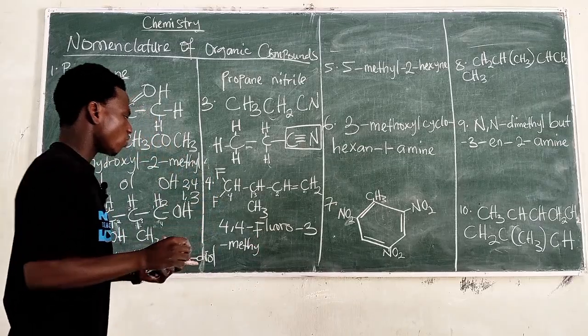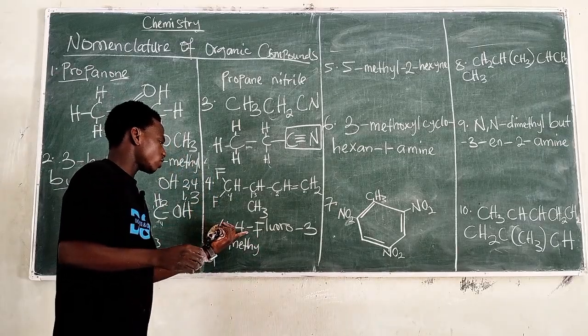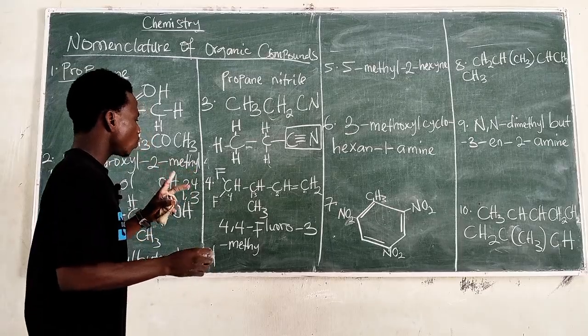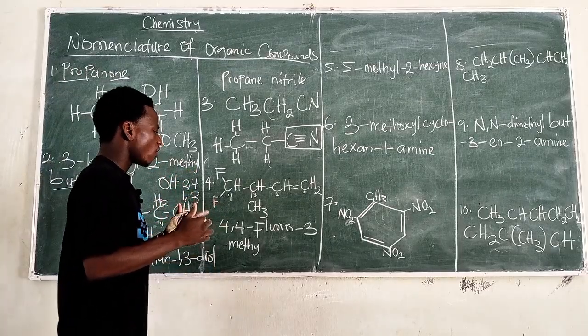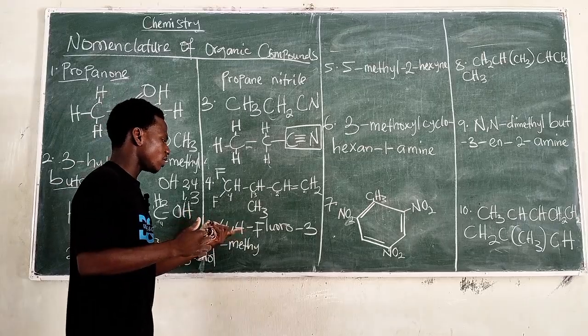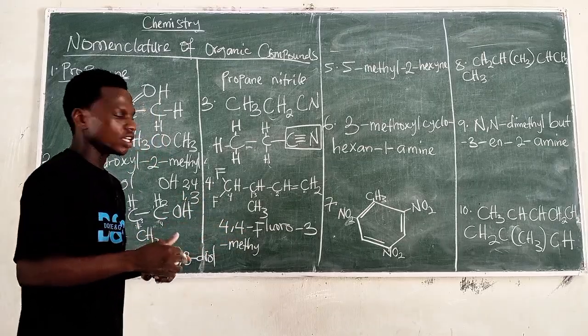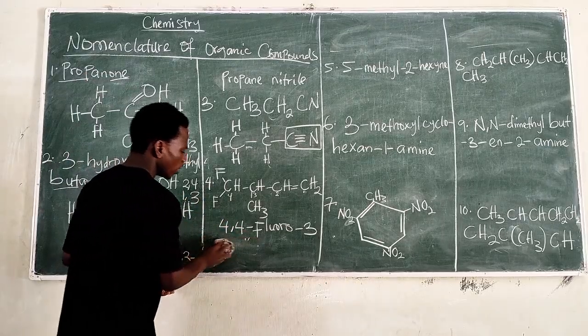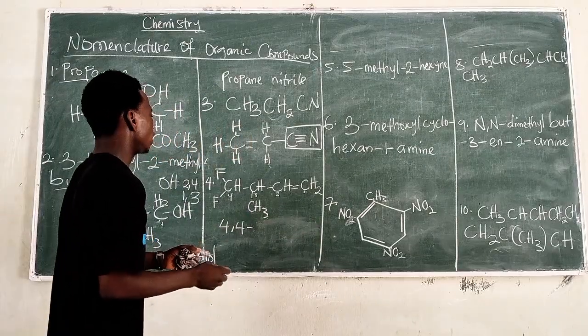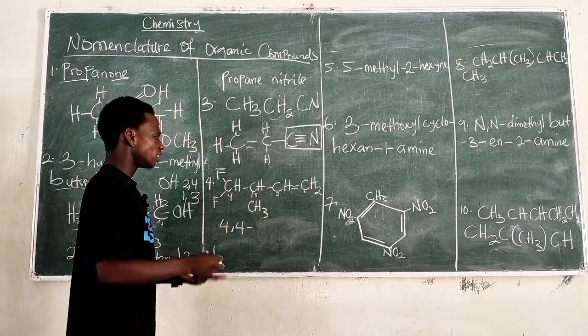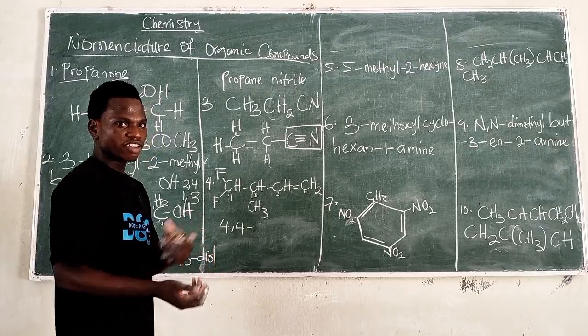Please, before we go further, take notes. When you have 2 same substituents, it's not just going to be 4,4 fluoro. It's going to be 4,4 difluoro, because we have 2. Supposing we had 3, it would have been 4,4,4 trifluoro.